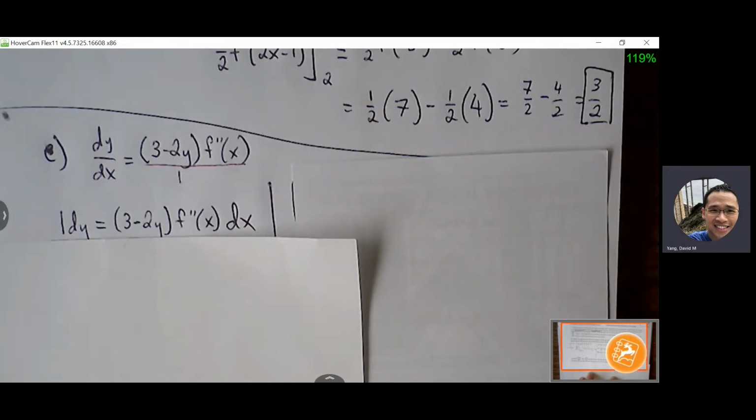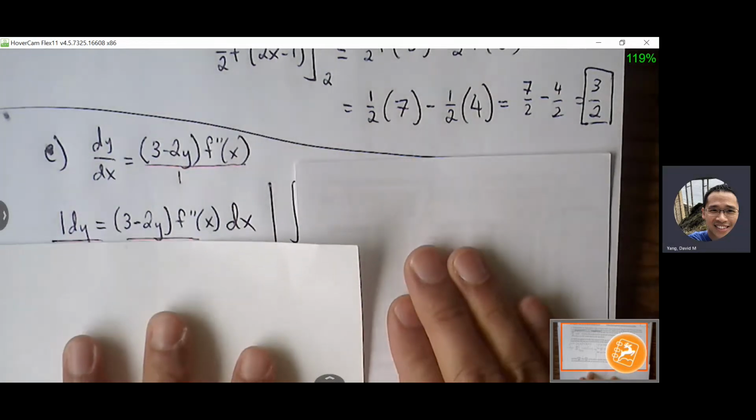So once I cross multiply, I see the dy dx's nicely in their right spots, but there's still something out of place, and what else needs to be moved? 3 minus 2y, good. So we know the y's come over, but you got to bring everything inside the parentheses along with it. So 3 minus 2y on the left.